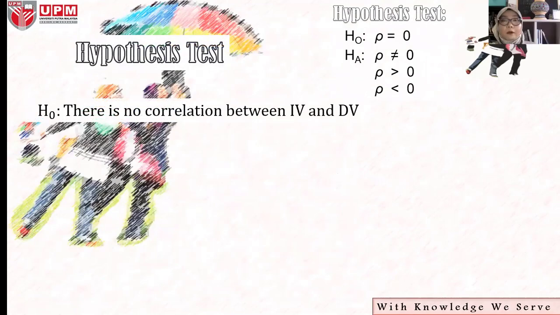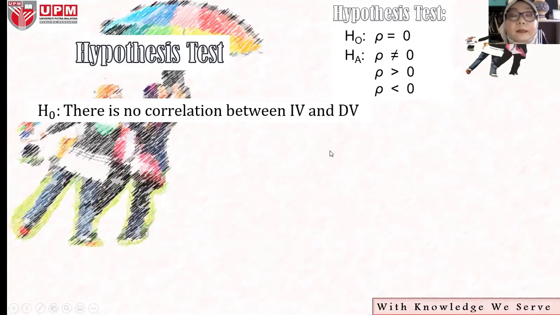In terms of hypothesis testing, during your statistics class, perhaps the lecturer shared with you the representation of hypothesis writing according to statistics, using these symbols: H0 rho equals 0, or HA rho not equal to 0, larger than 0, or lesser than 0.